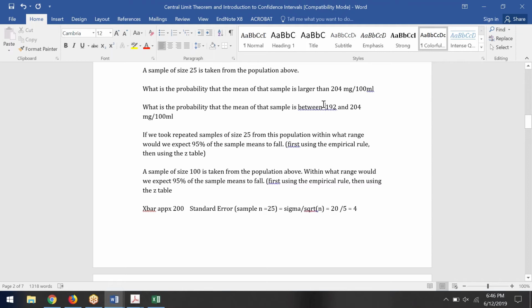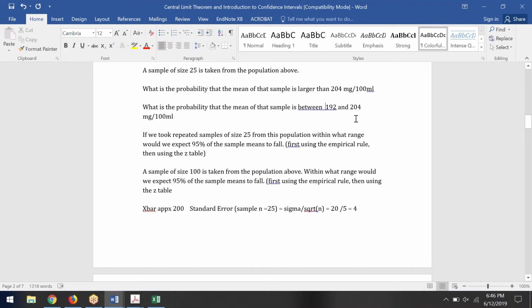So 2.5% is below 192, and 16% is above 204. That accounts for 18.5%, and I'm going to call it 19%. So that means 81% is between 192 and 204. The population being the possible sample means of size 25 from this population.